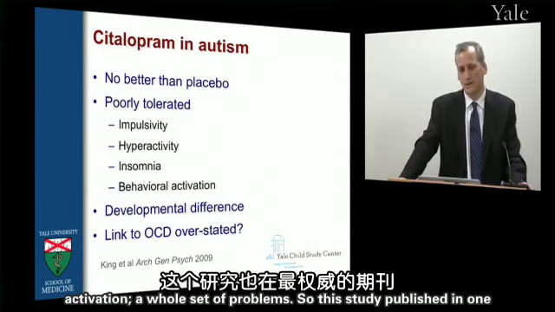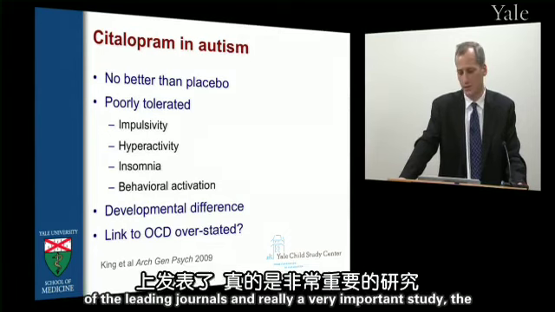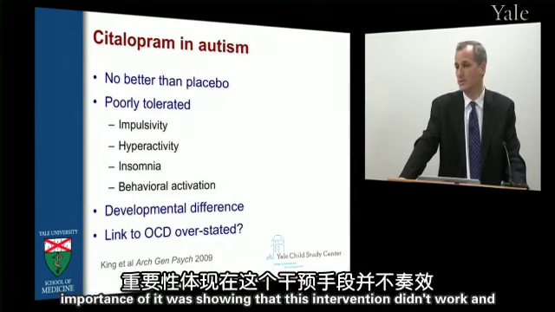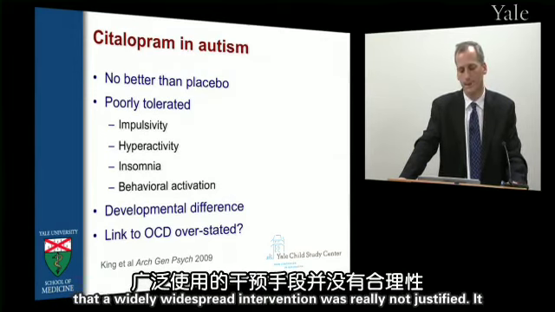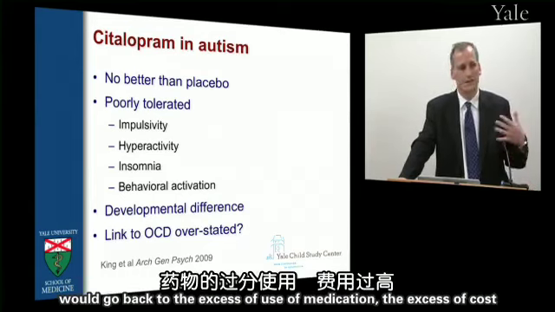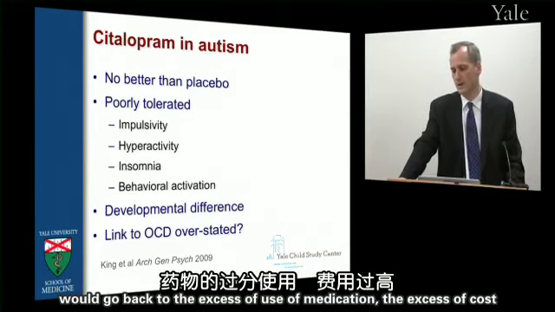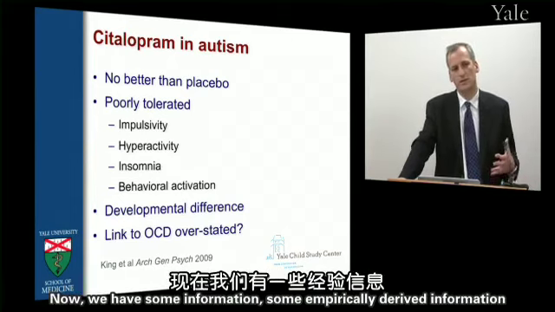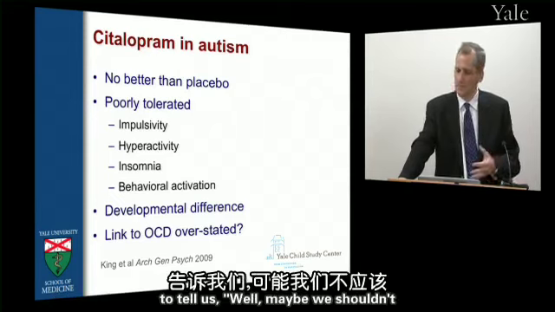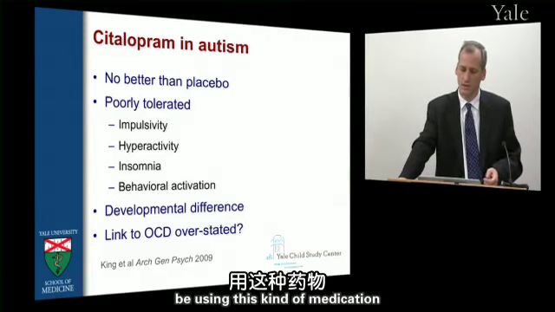So this study, published in one of the leading journals, and really a very important study, the importance of it was showing that this intervention didn't work, and that a widespread intervention was really not justified. And if we go back to the excess of use of medication, the excess of cost, now we have some empirically derived information to tell us, well, maybe we shouldn't be using this kind of medication.